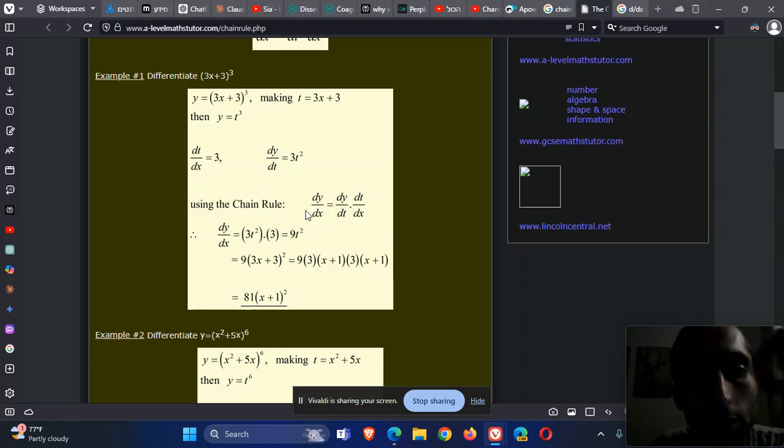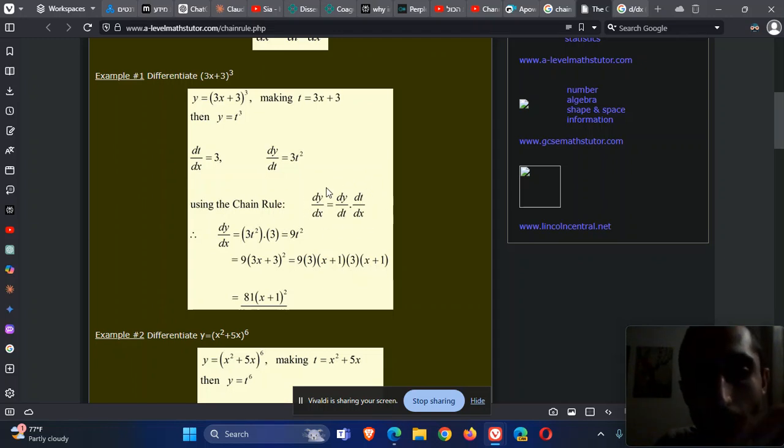Do you understand what I do? I represent y as a function of t, but I'm taking the derivative of y with respect to x. But y is defined with respect to t. So I take y with respect to t and t with respect to x in terms of derivative. This is the chain rule.